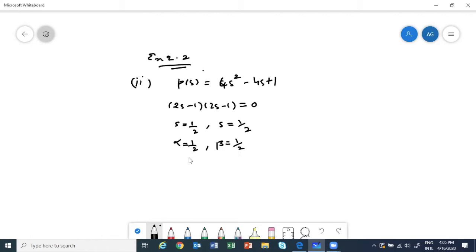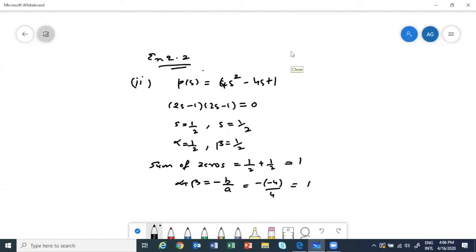Then sum of the zeros is half plus half, which is 1. And alpha plus beta is minus b by a, which is equal to minus of minus 4 by 4, so 1. Like this. Okay, clear? Yes, Madhu. So nothing to worry if you have same zeros, take both of them same.